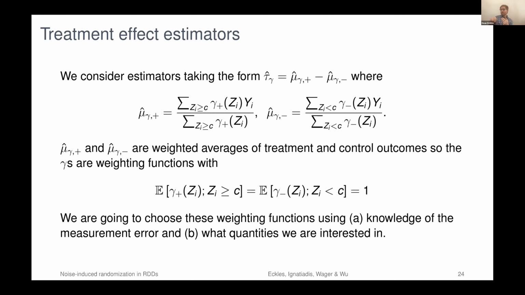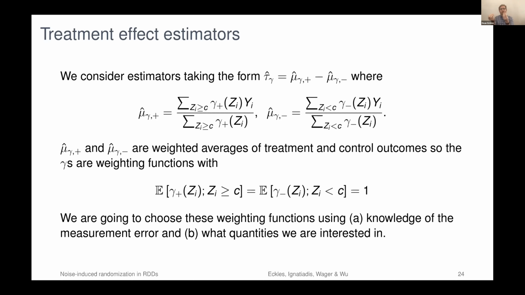So mu hat plus and mu hat minus are weighted averages of treatment and control outcomes, and we're going to have that the expectation of these weights is 1. Obviously, this just gives a very general set of estimators. So a lot of the magic, pretty much all of it, has to be in how we choose these weights. We're going to choose these weighting functions using knowledge of the measurement error and what quantities we're actually trying to target.